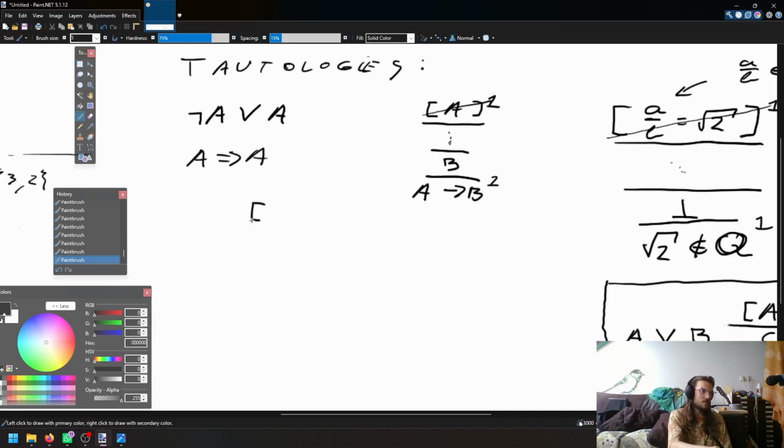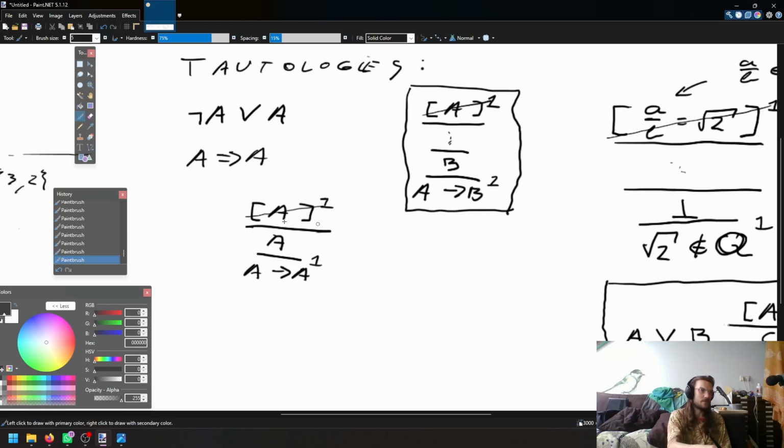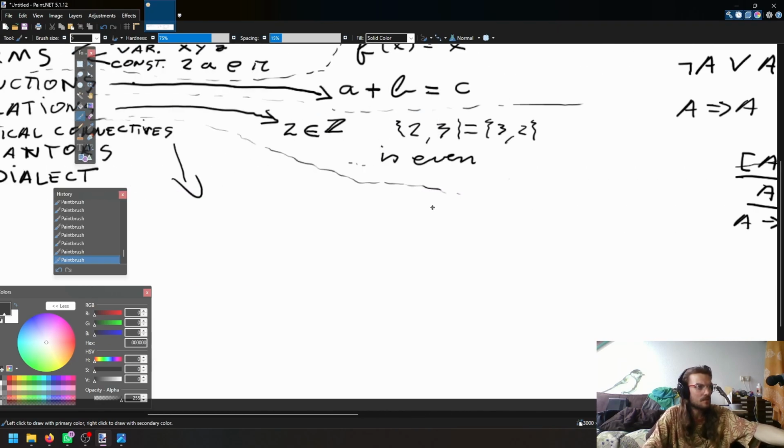Let's assume A. Then that means that A is true because we've assumed it to be true. And that means we can use the rule on A itself. And we find A implies A. And here I use the single arrow. I already said I use them interchangeably. And this is a completed proof tree. So that was a rule, axiomatically true, but this is an actual proof. This is arrow introduction.